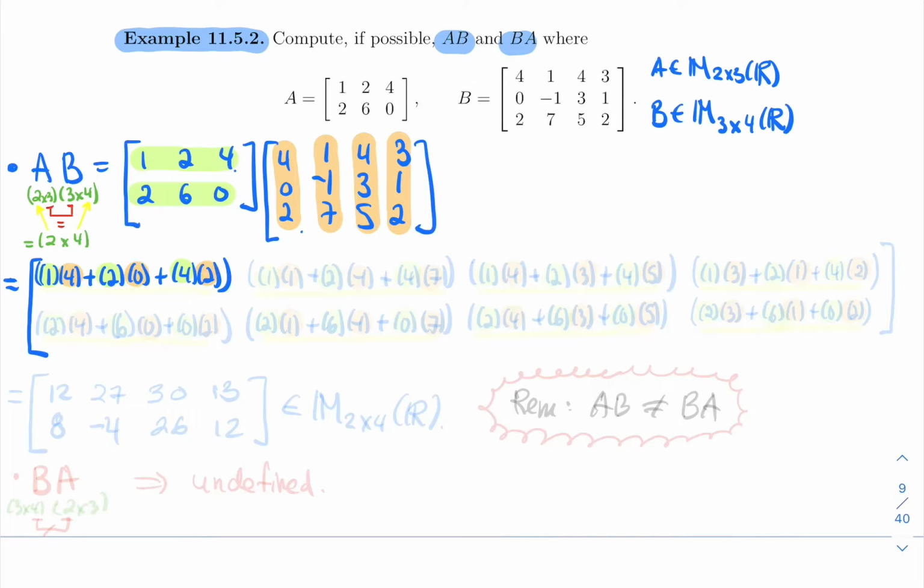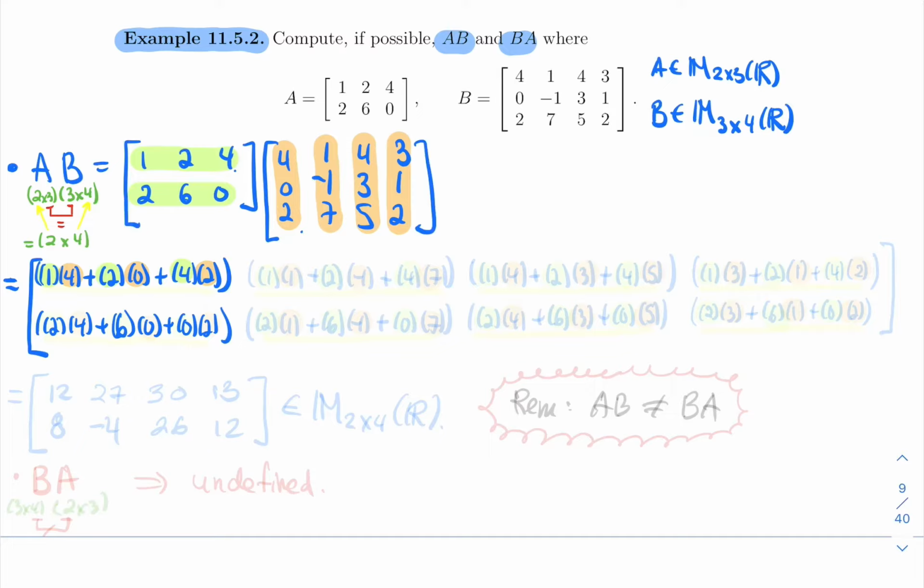And then you just, of course, compute the rest. So this is for the first entry, and then for the second row, you're using the second row. So what you're going to get here is 2 times 4 plus 6 times 0 plus 0 times 2.